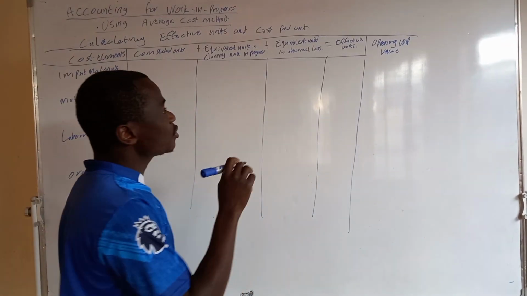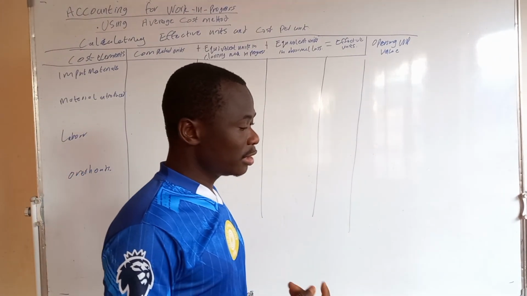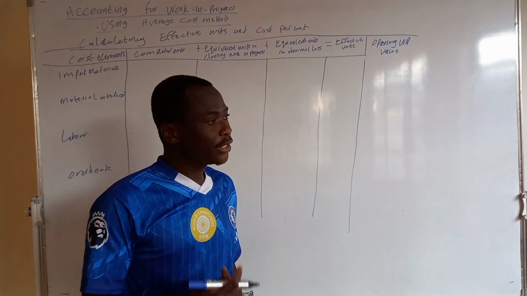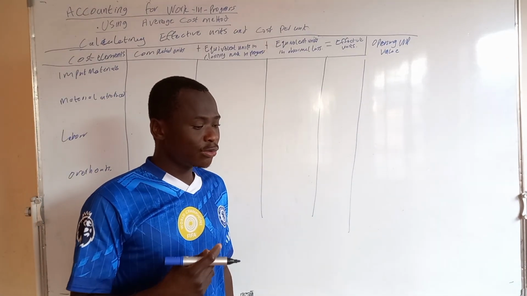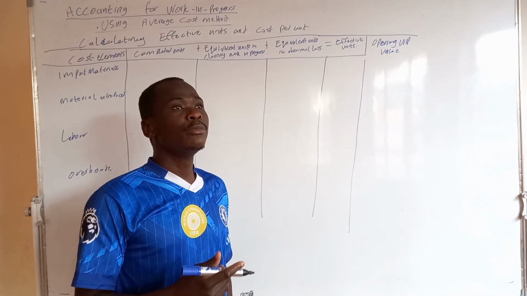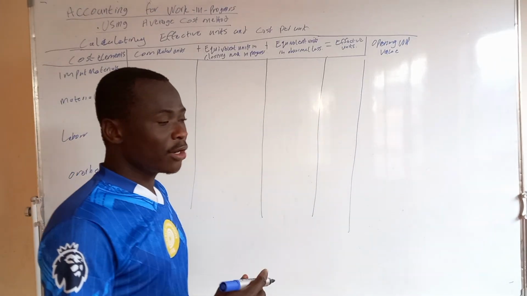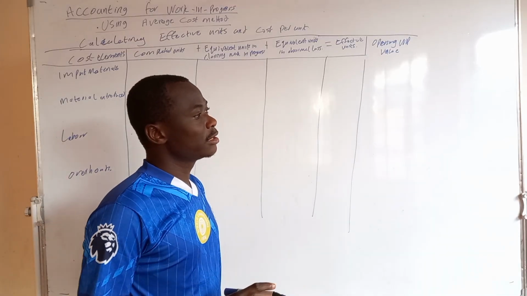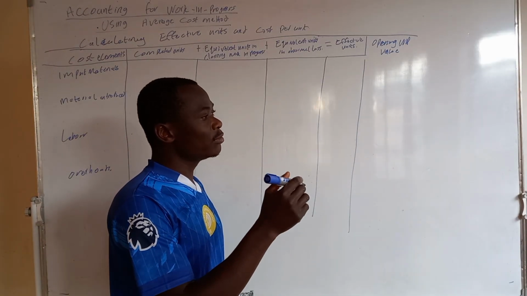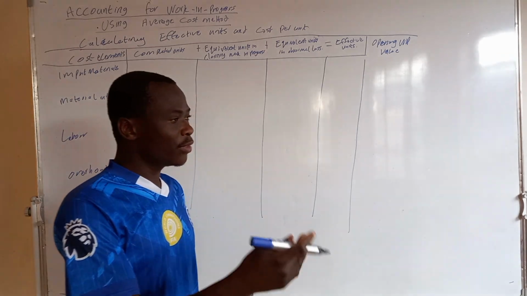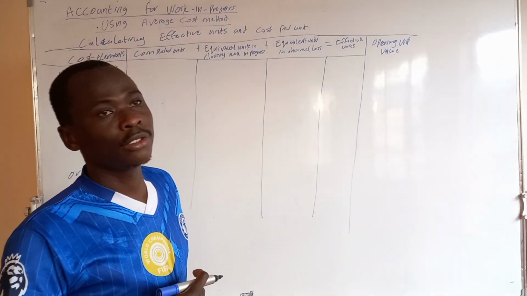Here, as you can see, the opening work in progress is not equivalent units. It is the value that we take, because the work was done on them previously, but not fully complete. So what we are working on is the value that remains, the value that we worked on this period.